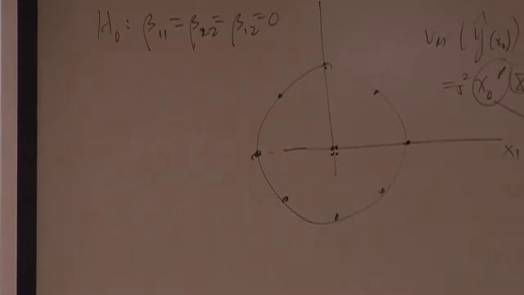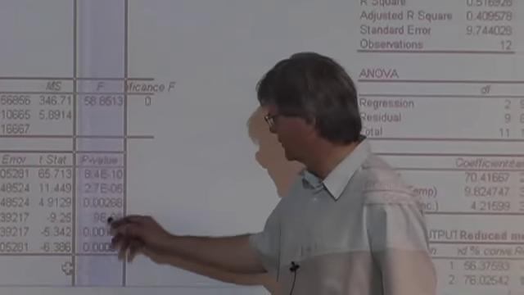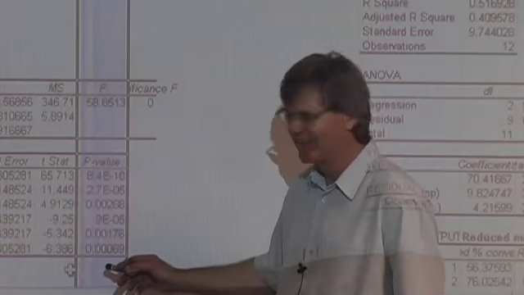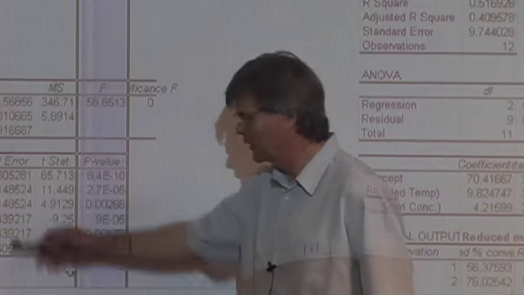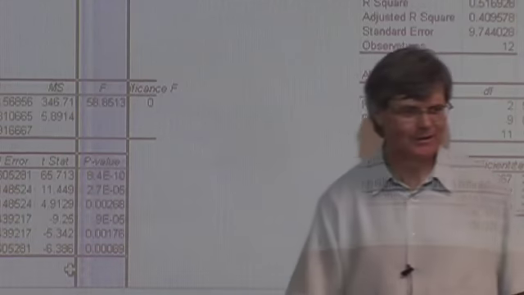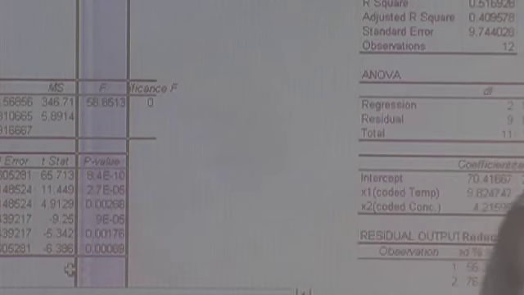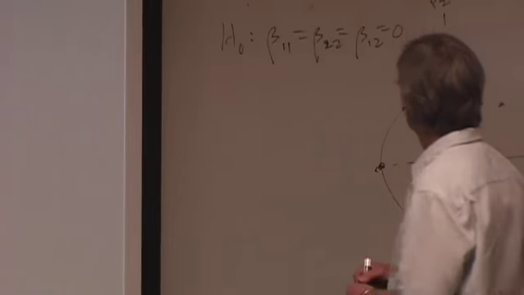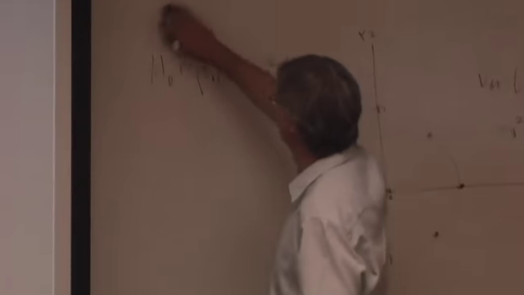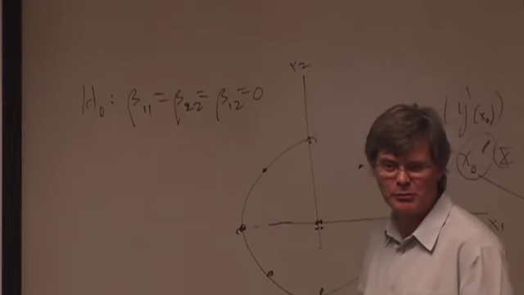Pretend that all these p-values were something like 0.2. Then you'd want to know whether these three quadratic terms together gave you a significant improvement in the fit.